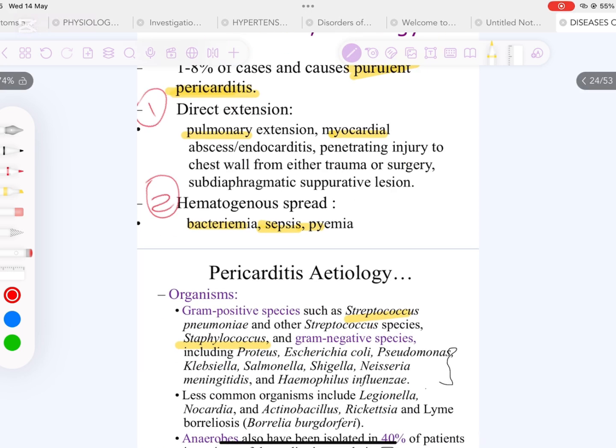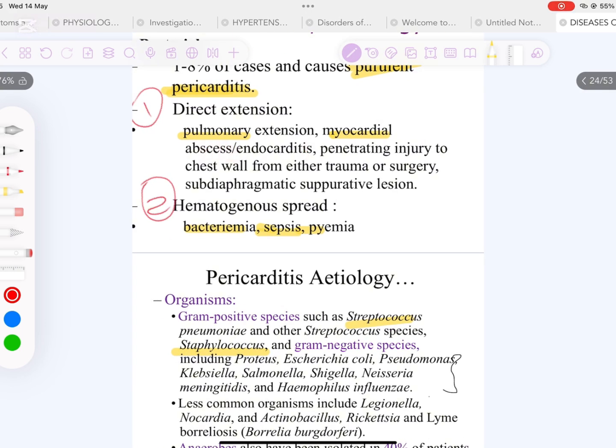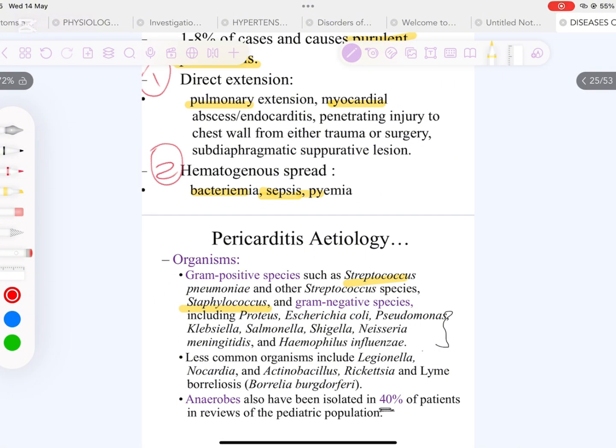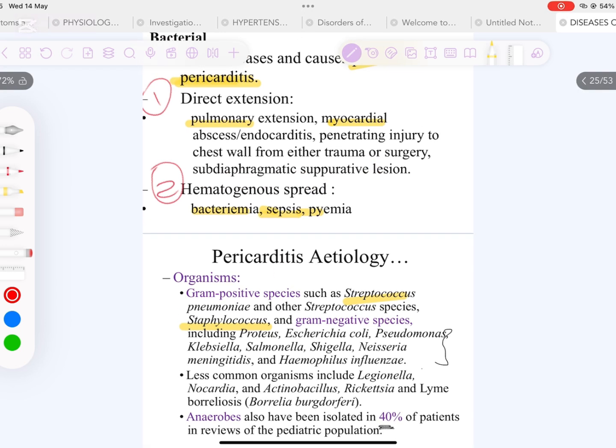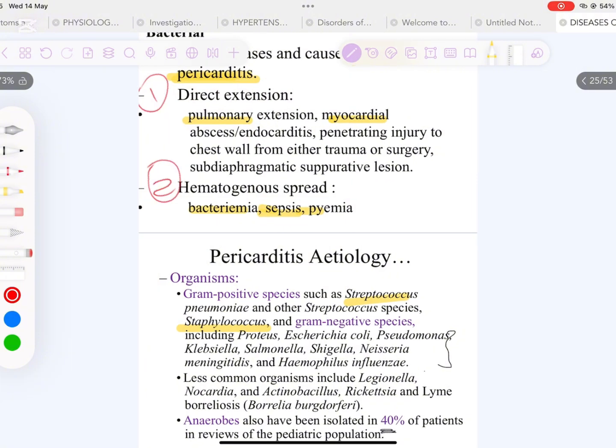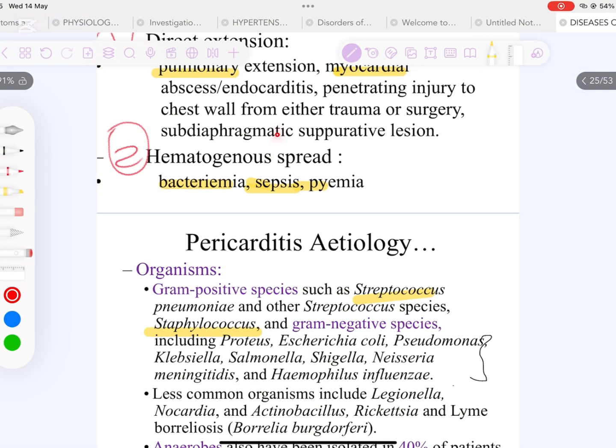Purulent pericarditis. So for direct extension, maybe from a pulmonary or myocardial abscess, or penetrating injury from the chest wall, from either trauma or surgery, to inflame the pericardium. Or subdiaphragmatic, so you know the diaphragm is under the heart. So a subdiaphragmatic suppurative lesion, just direct extension, to start inflaming the pericardium. You start inflaming that nylon wrapping the onions, if you have forgotten.